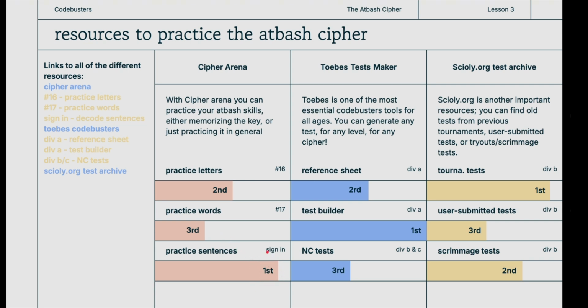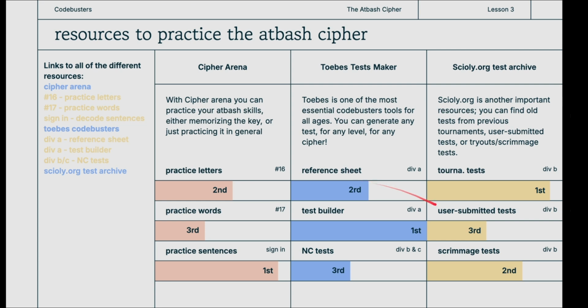And then next thing is Tobes Test Makers. It's the most important and most essential Codebusters tool for any division in all ages. So the reference sheet, which is linked in Tobes, is really simple, and most tests use it. Test writers and tournaments use it because it's the best.